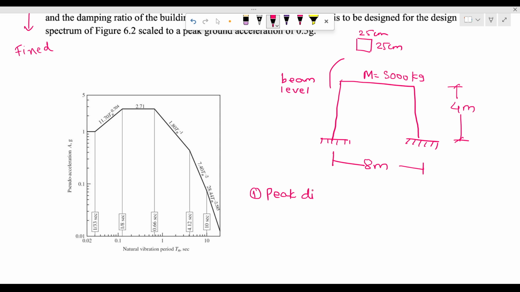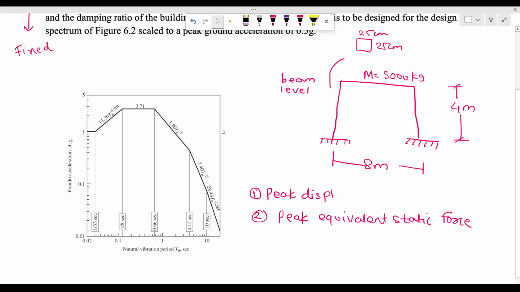This is the thing we want to find, peak displacement, and second thing is peak equivalent static force. So these two things we need to find out.